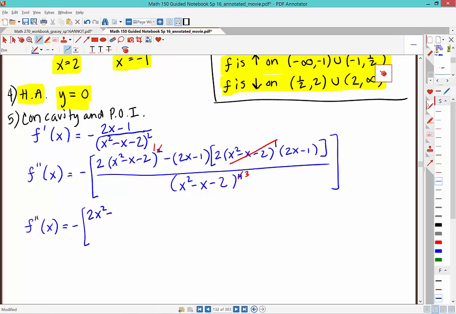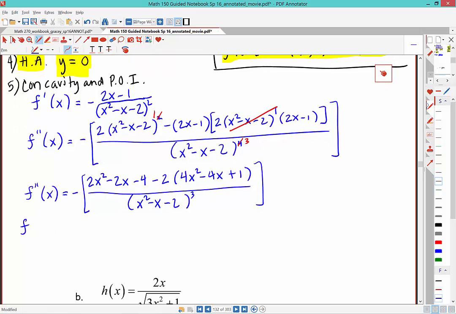2x squared minus 2x minus 4, and then minus 2 times, we have 2x minus 1, the quantity squared, will be 4x squared minus 4x plus 1, all over x squared minus x minus 2, the quantity cubed.